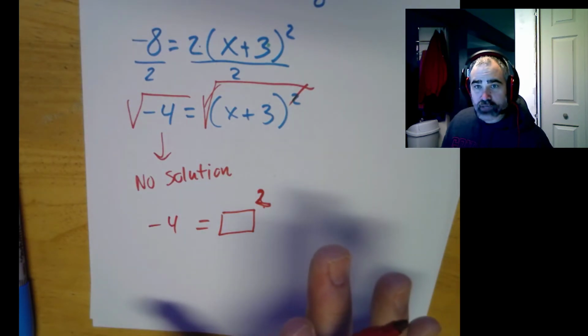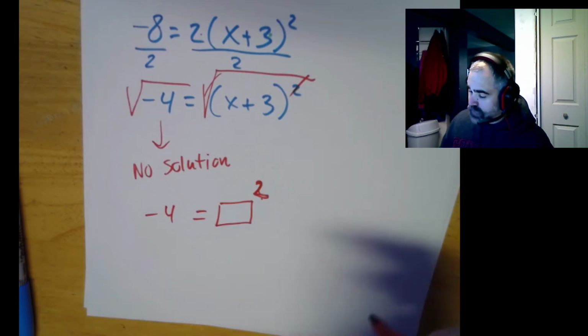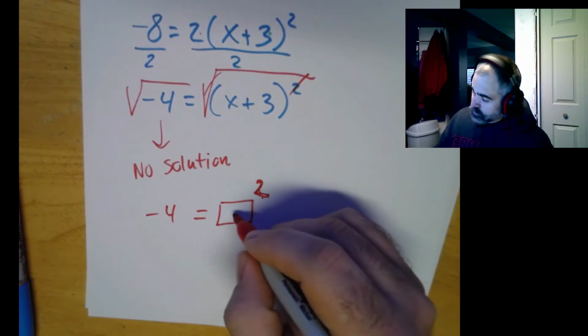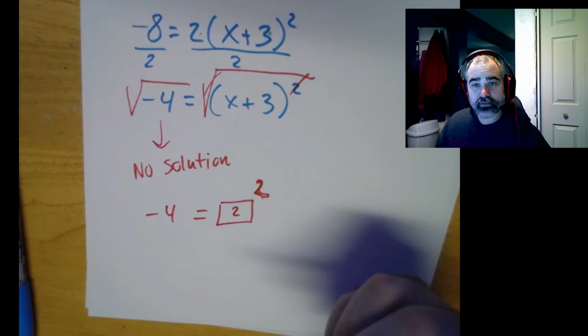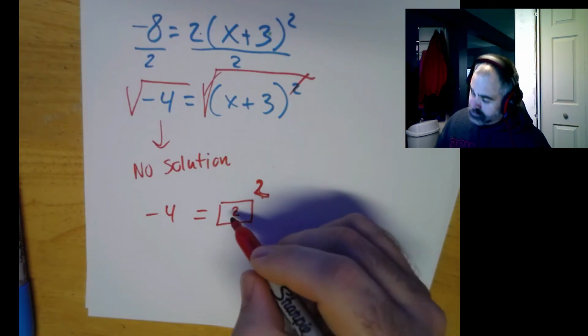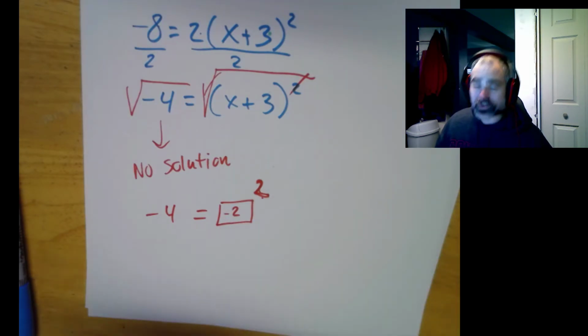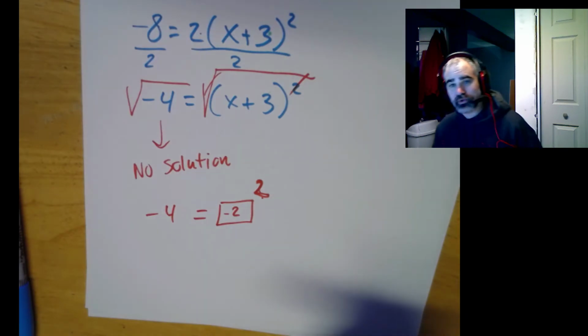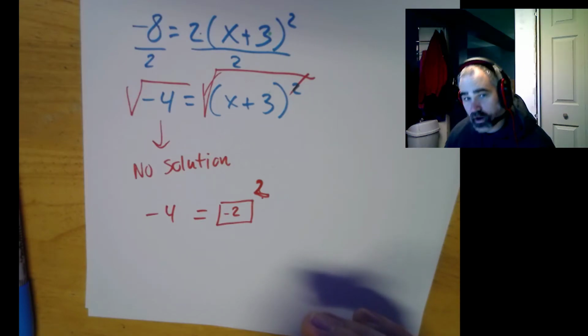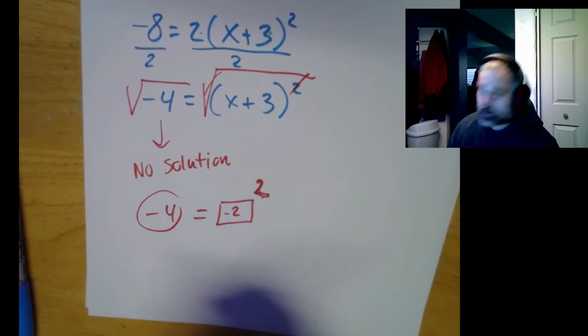Now we have to think of a number that could work in this. A lot of you are going to want to say 2. Well, 2 squared is positive 4. But here's the problem. Negative 2 squared is also equal to positive 4. There aren't any numbers, so far as you know, that equal negative 4.